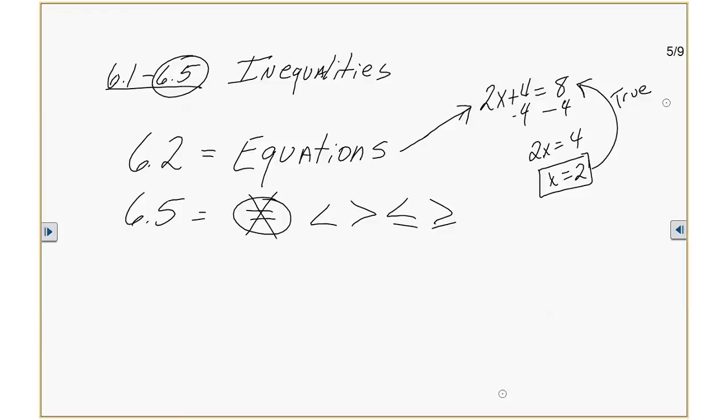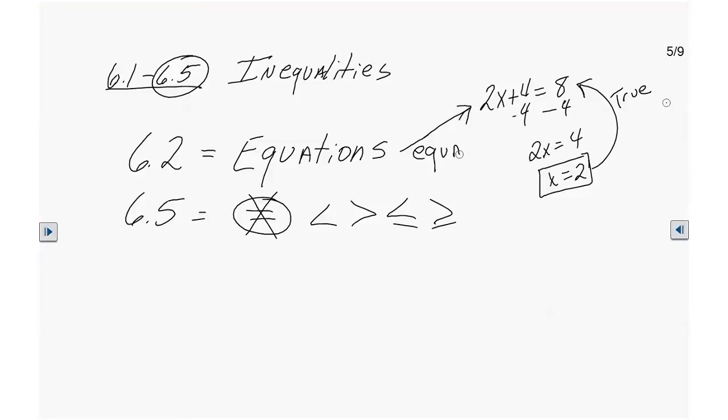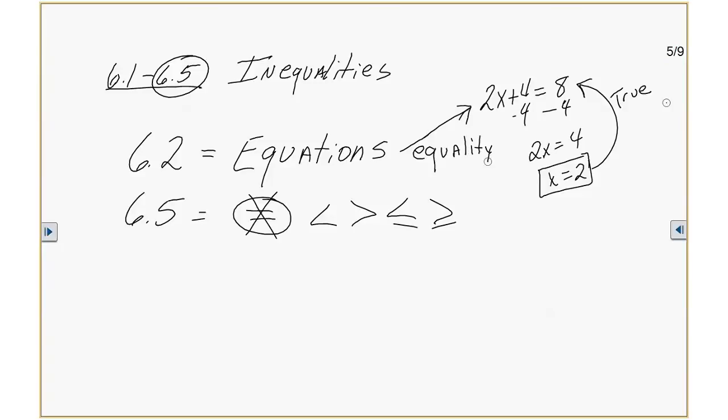And that's why it's called equality, because it has an equal sign in it. The difference here is these guys are not going to have an equal sign. These guys are going to have an inequality. Do you use the same mechanics? Yes. You do everything the same that I taught you in 6.2.